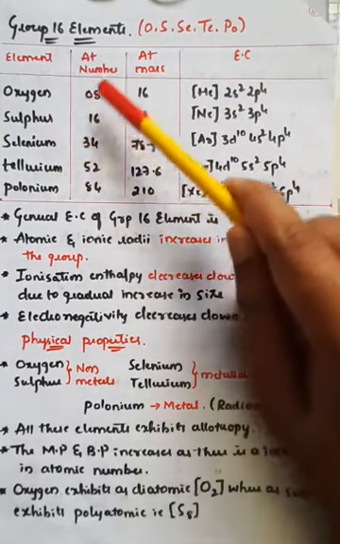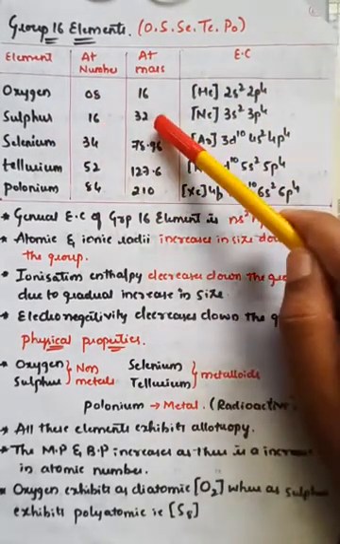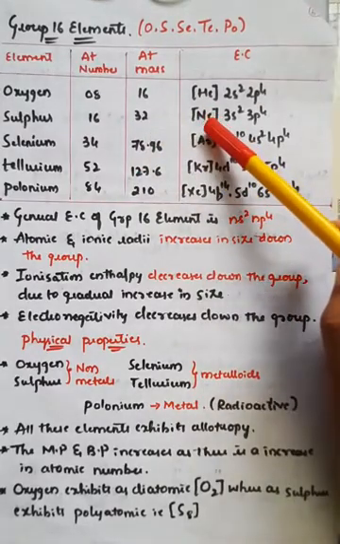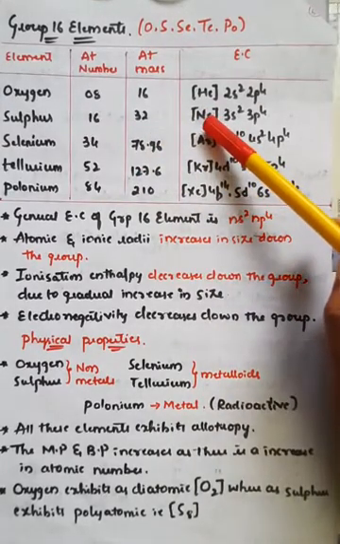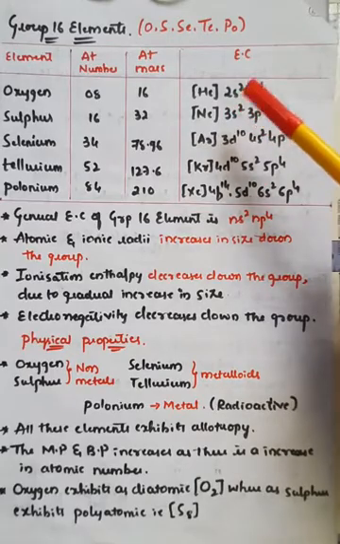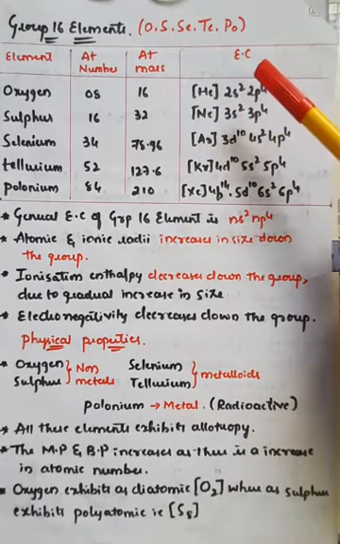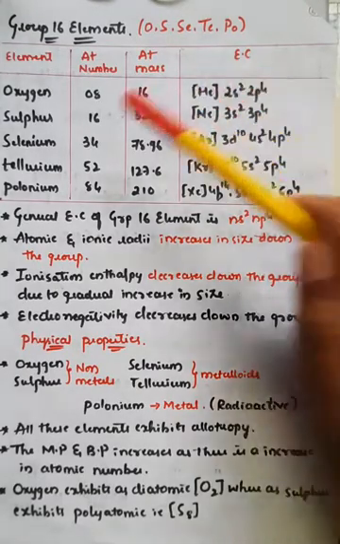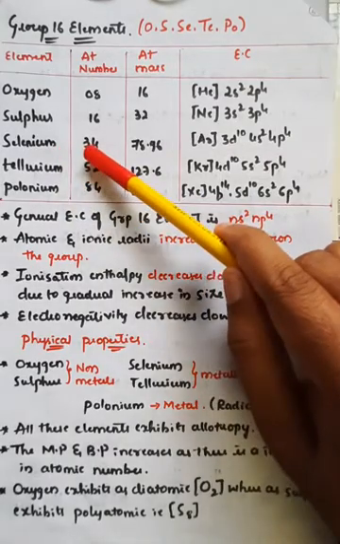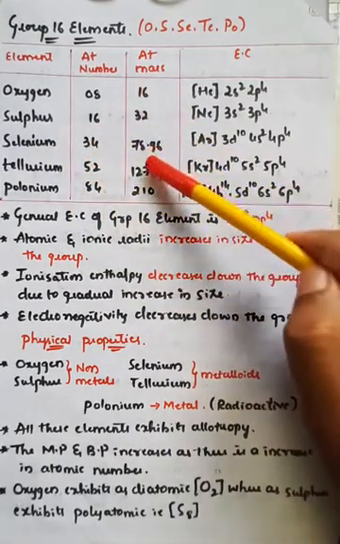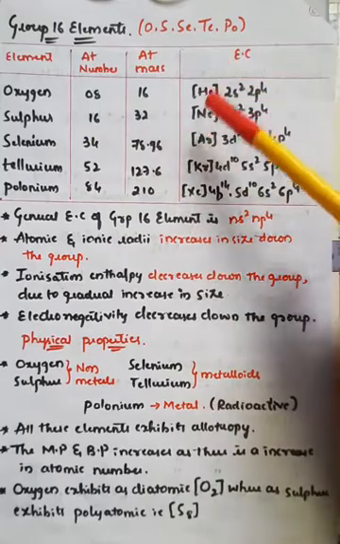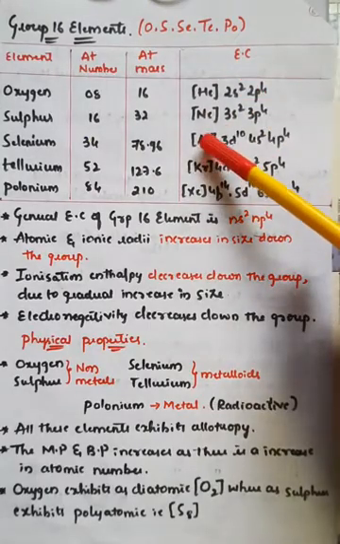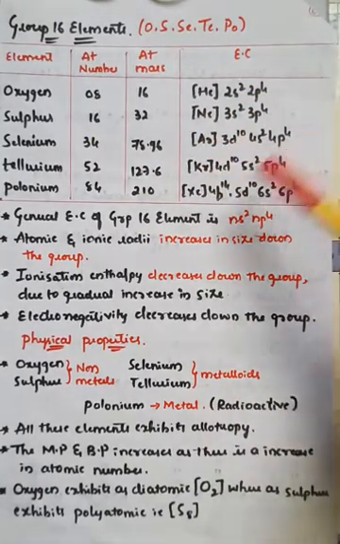Similarly in sulfur, the atomic number is 16, atomic mass is 32, and the nearest noble gas is neon, and its outermost electronic configuration is 3s2 3p4. Similarly, in case of selenium, 34, and atomic mass is 78.96, that is the exact value, and argon is the nearest noble gas, and it is 3d10 4s2 4p4.